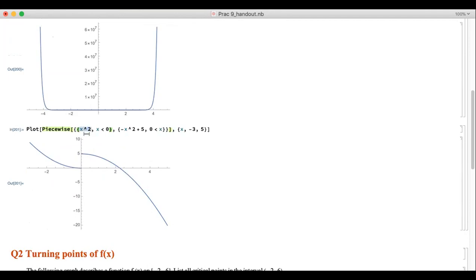Change this. Some function which is decreasing.